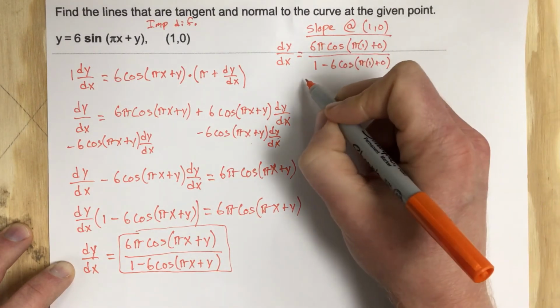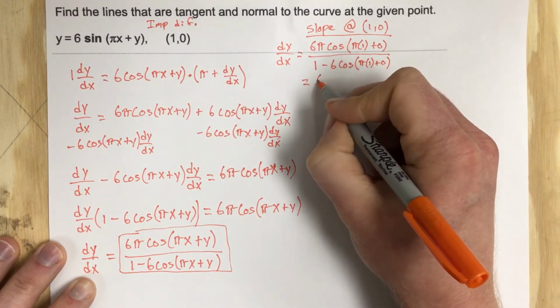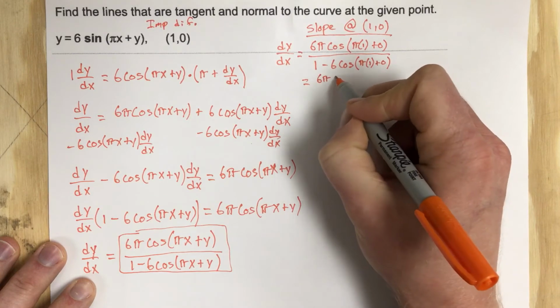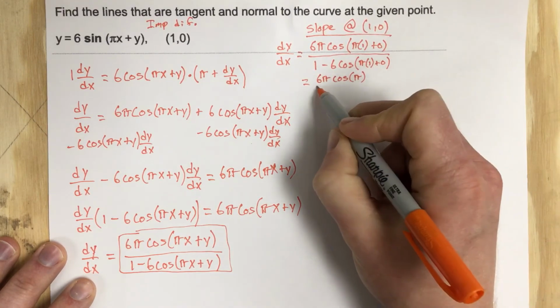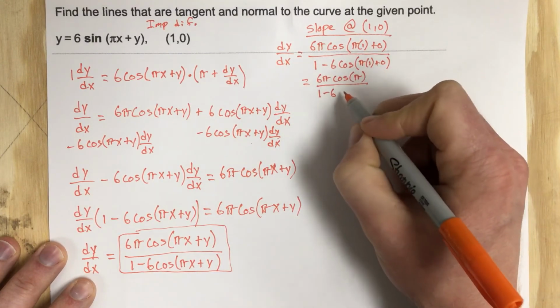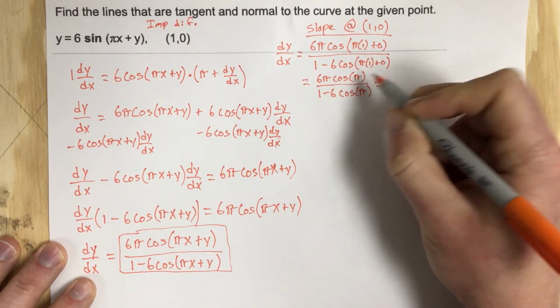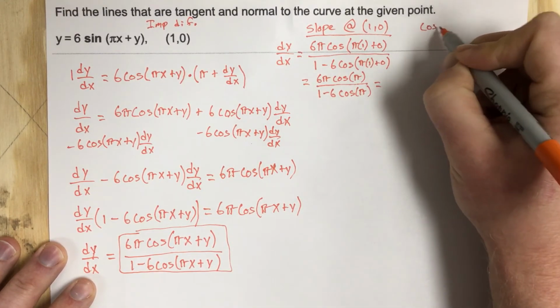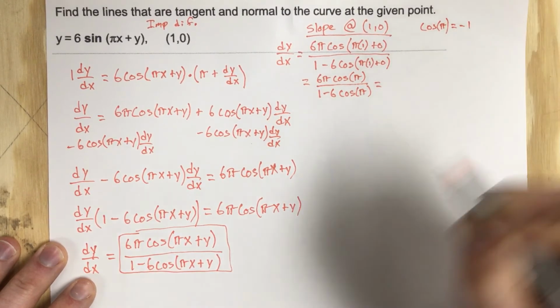So when we evaluate that, this will just be 6 pi cosine of pi over 1 minus 6 cosine pi. Well, we know cosine of pi is equal to -1.